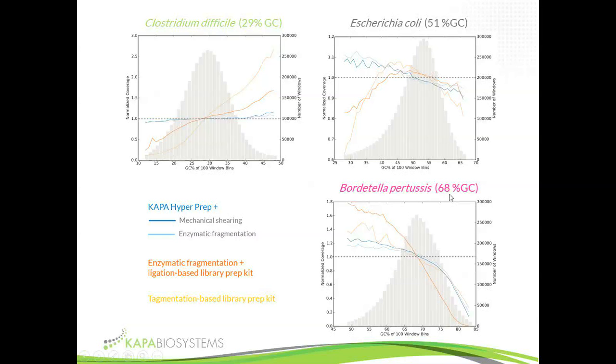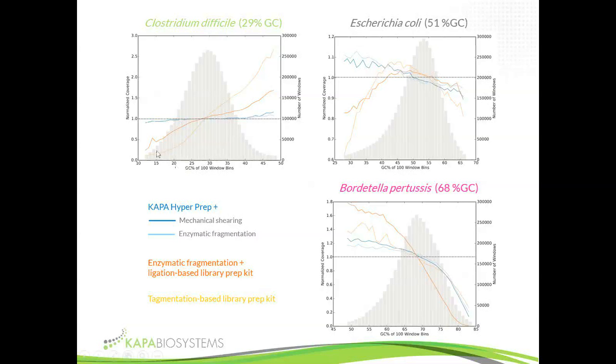And so what these plots do, if you look at the gray bars in the back, is it essentially takes the whole genome and breaks it up into 100 base pair windows, just from start to end, and then arranges these 100 base pair windows in order of GC content.